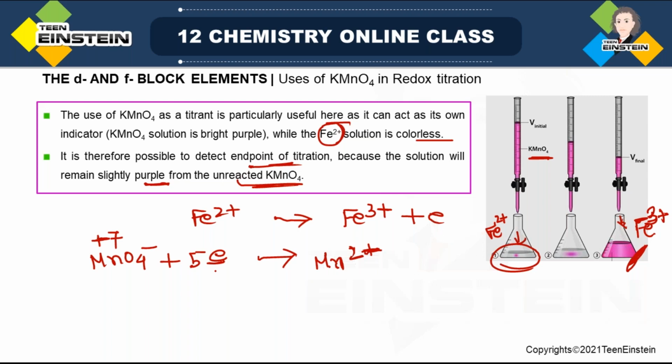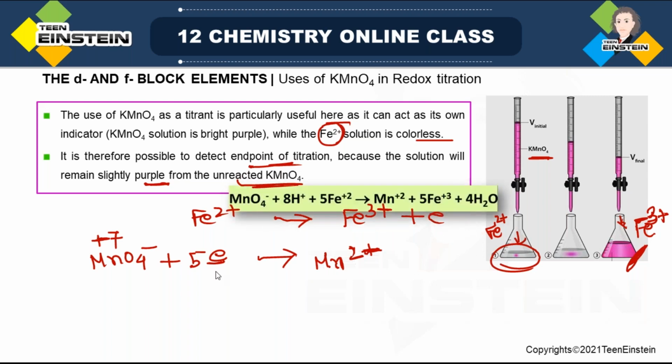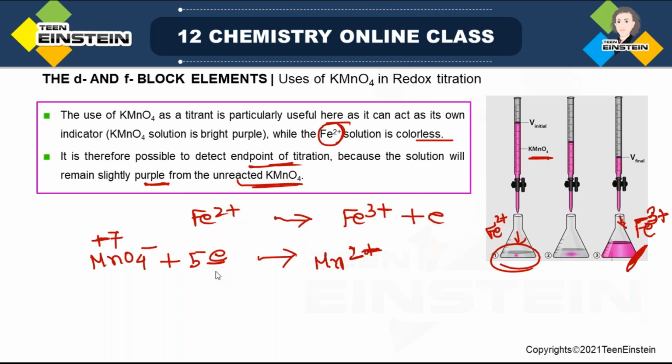Here we also have the overall equation which is written, but before that, let's see how we achieve this equation. See, this is very easy. Here we have MnO4- going to Mn2+. That means 4 oxygen. Now how to balance it? Just add 4H2O.